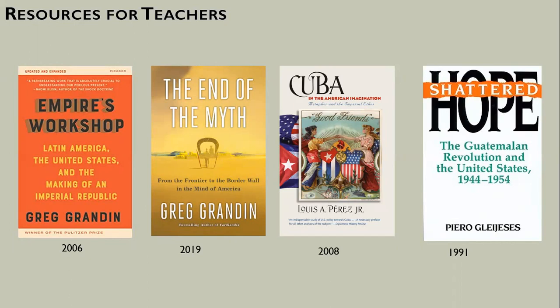In 2008, UNC's own, and the Institute for the Study of the Americas' own, Luis A. Pérez Jr.'s Cuba and the American Imagination: Metaphor and the Imperial Ethos is just, I think, a masterpiece. It is just a stellar look at these tropes that are projected by North Americans onto Cuba and Cubans that we're still saddled with.